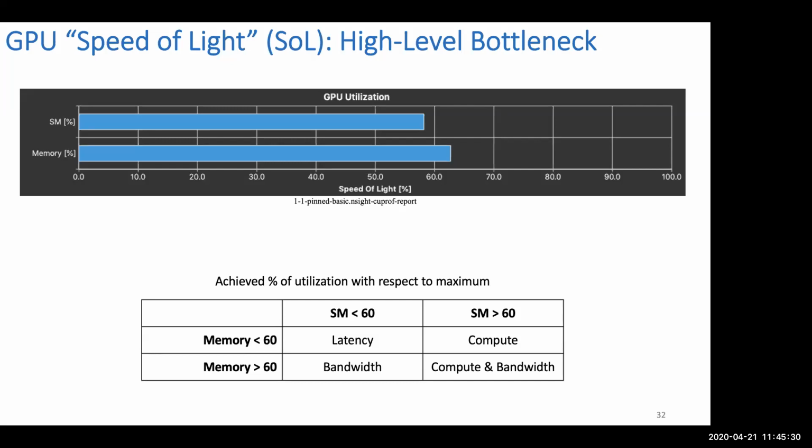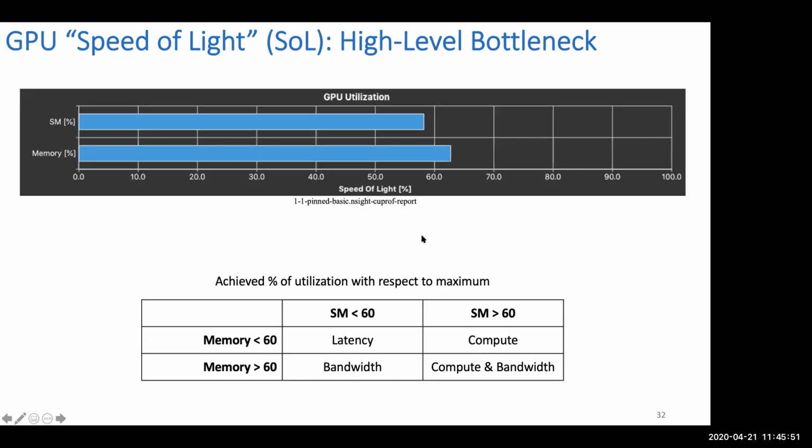If we were memory limited, we would see the memory subsystem very, very busy and the compute on the GPU not doing much. So that would be low compute utilization and high memory utilization.